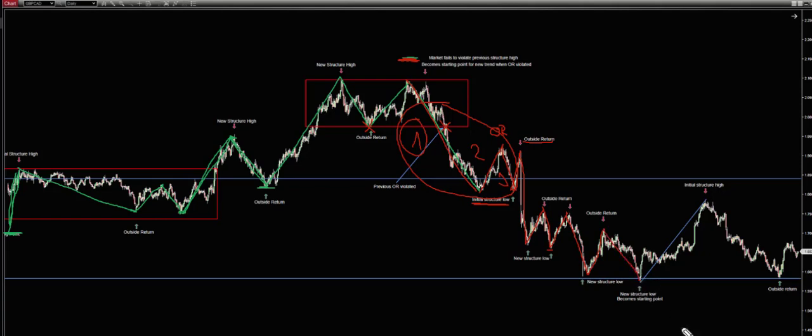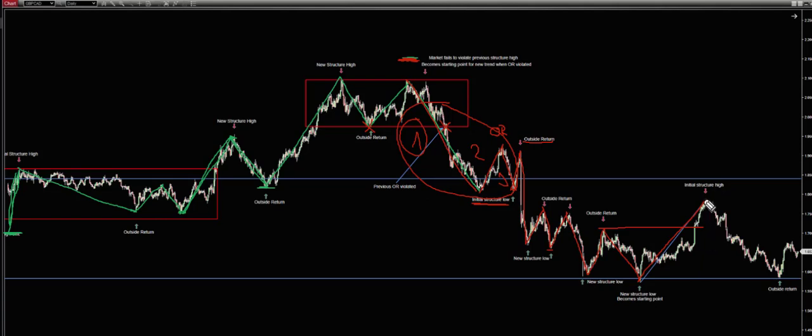And then we have here the initial structure high and a violation of the bear trend, because this candle here closed above this previous outside return.